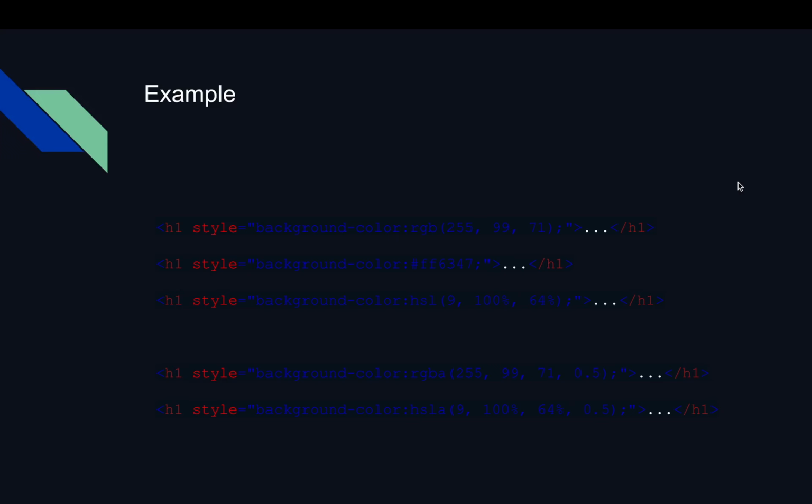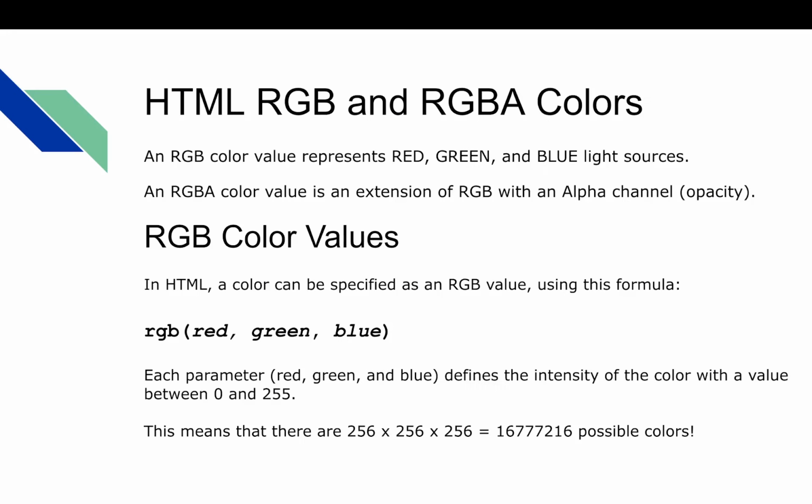So let us continue. Let us explain. It says HTML RGB and RGBA color. An RGB color value represents red, green, and blue light source.